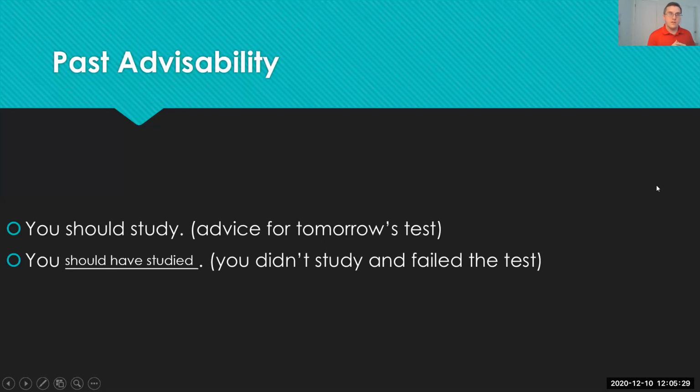So if you ever hear somebody saying, I should have done this, I should have done that, it means they didn't do it. They wish that they had done it, but they didn't do it. Something bad happened. You know, I didn't study and I got a bad grade. I should have studied. Okay? I didn't get my wife a birthday gift and my wife got angry. I should have bought her a birthday gift.